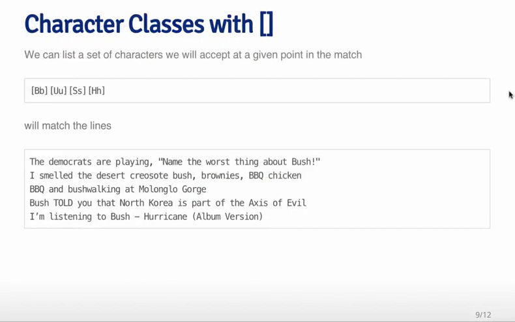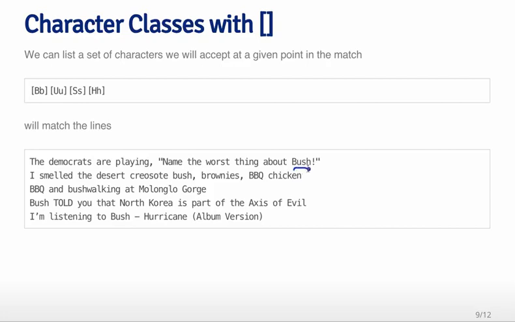We can also consider lists or sets of characters that will be accepted at any given point in the match. For example, you might have either a lowercase or a capital B, either a lowercase or a capital U, either a lowercase or uppercase S, and either a lowercase or capital H. That will match all versions of the word Bush regardless of which letters are capitalized.